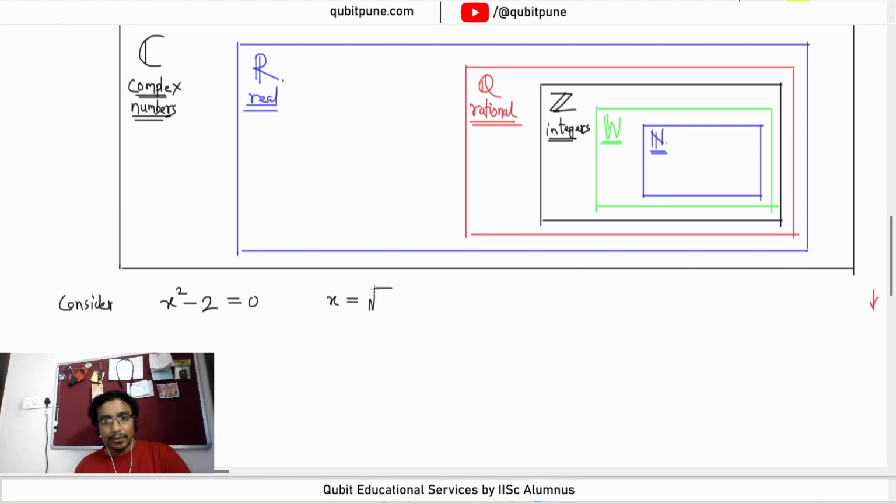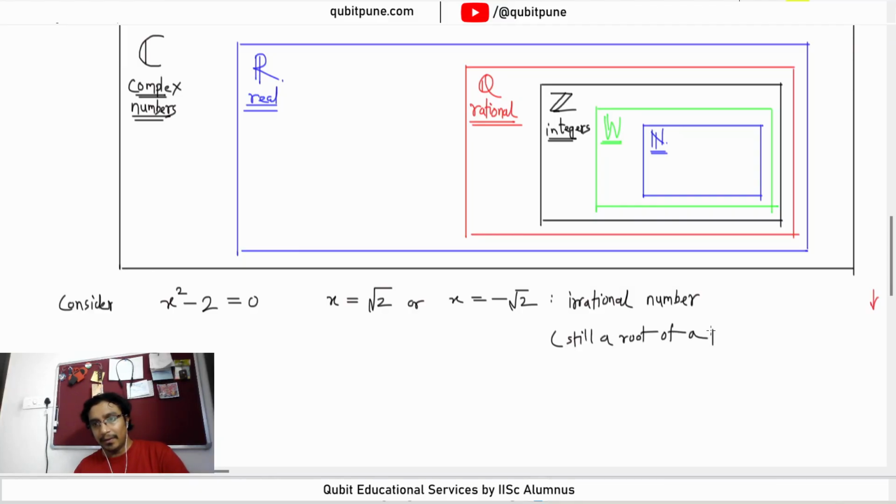So x equal to root 2 or x equal to negative root 2. This is what we call an irrational number. It is still a root of a polynomial with rational coefficients.